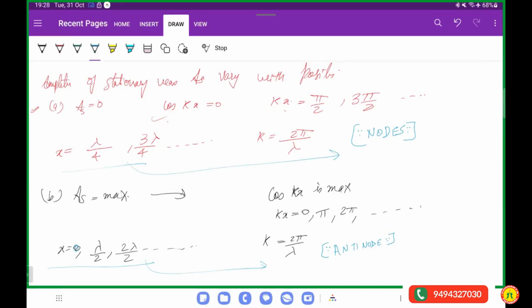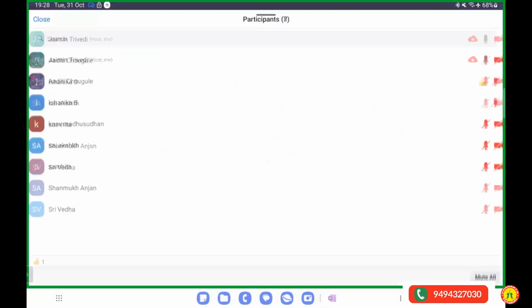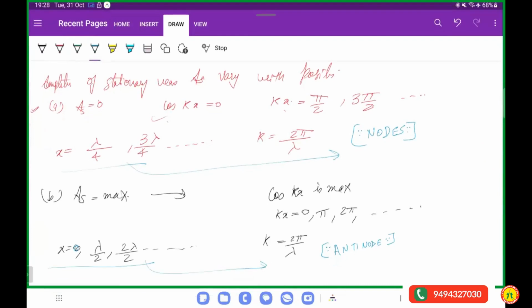Aditi, Ishaneka, Akshay, Samhita, Shanmukh, Veda. Anyone observe anything? I'm just talking about values. See the values of x. So they are in some series. Series, yes. Did you find any series difference in the first and second one?